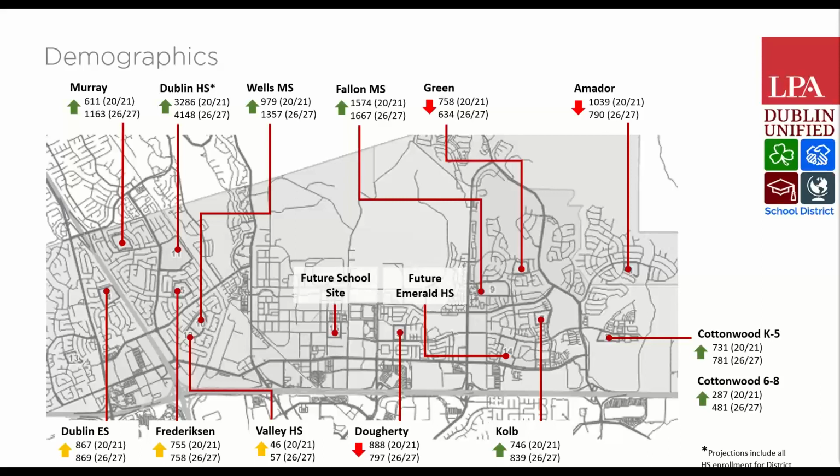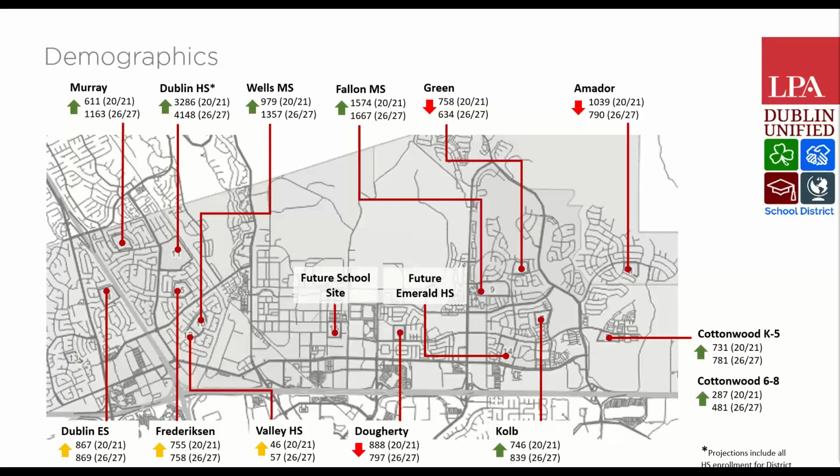The demographics report has been updated, which shows there's under and overutilization of schools as it currently stands with the current boundaries. This will likely result in revised district boundaries. At this point, we don't want to focus on individual schools, like Cottonwood increasing in enrollment. We want to focus on elementary, middle school, and high school as a whole.